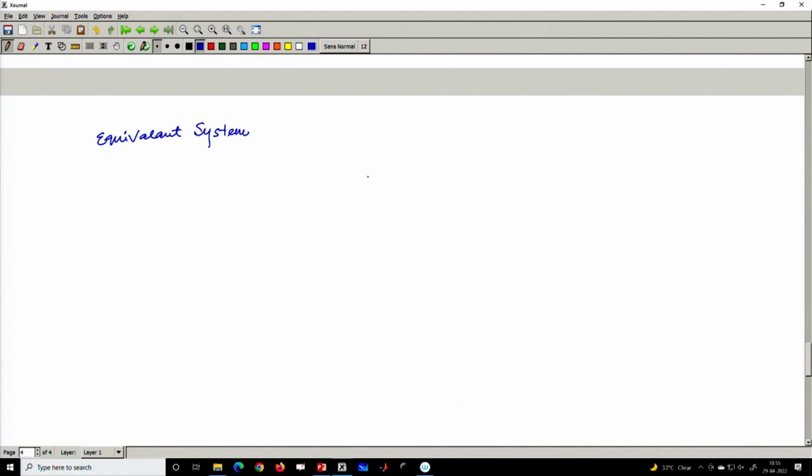Suppose this is my coordinate, this is the y axis, this is the x axis, this is the z axis.